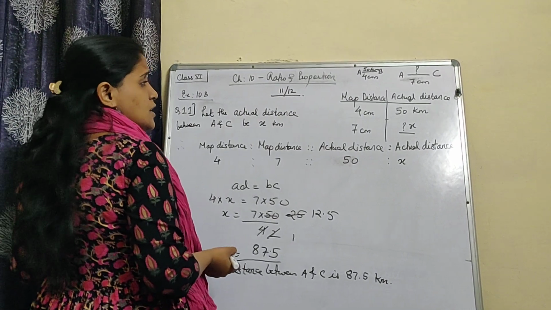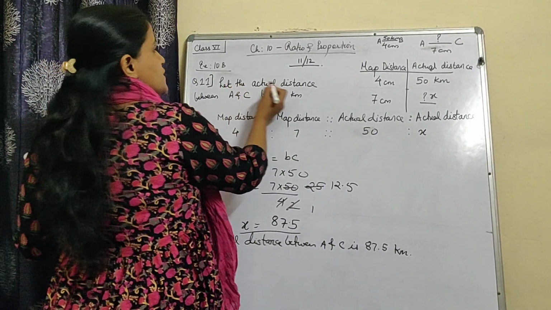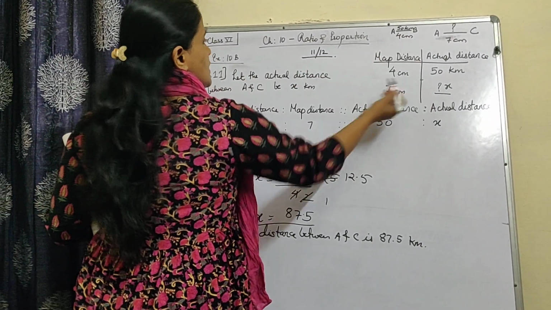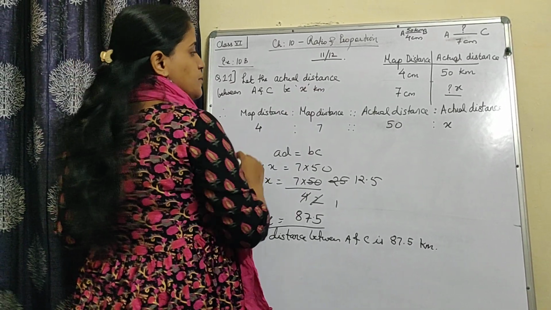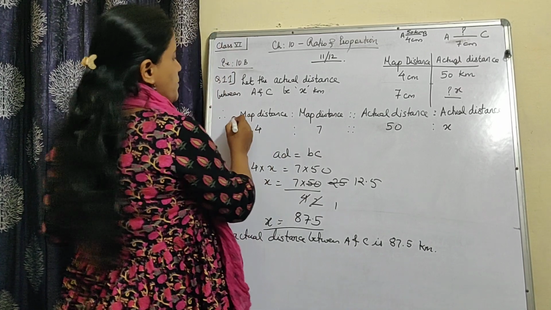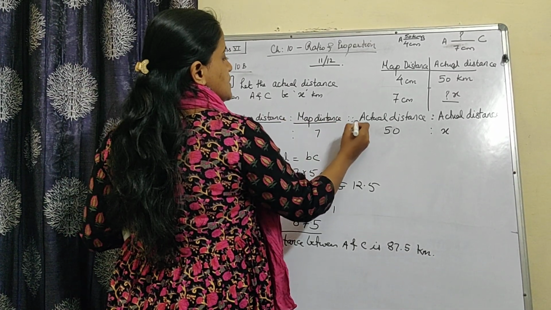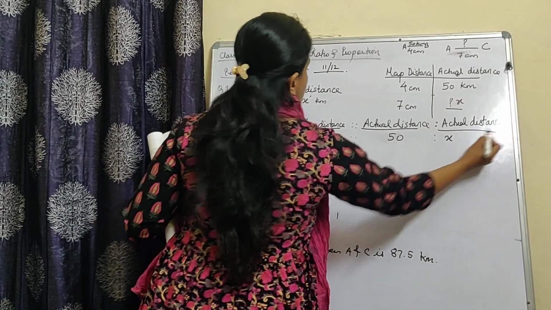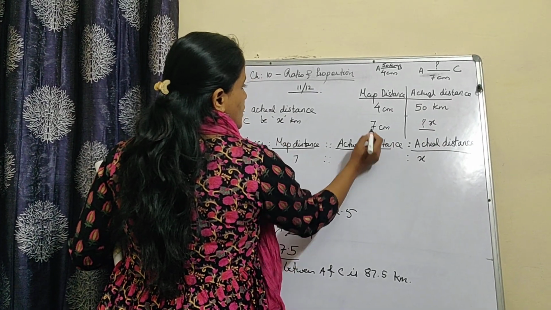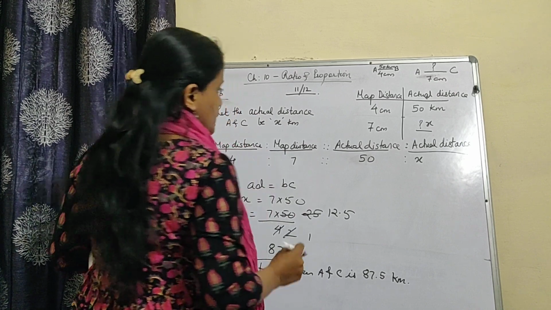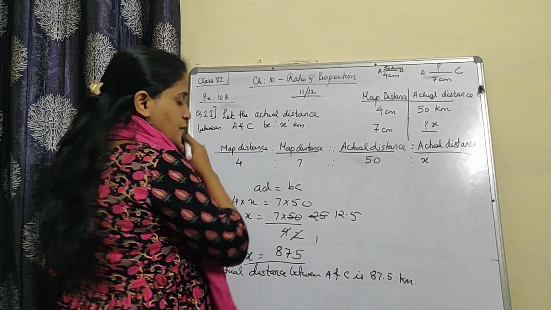Let the actual distance between A and C be x kilometers. According to proportion, you will write it in proportion form: map distance is to map distance as actual distance is to actual distance. Let's start from this corner: x, then 50, then 7, then 4. This is the exact way you are going to fill.